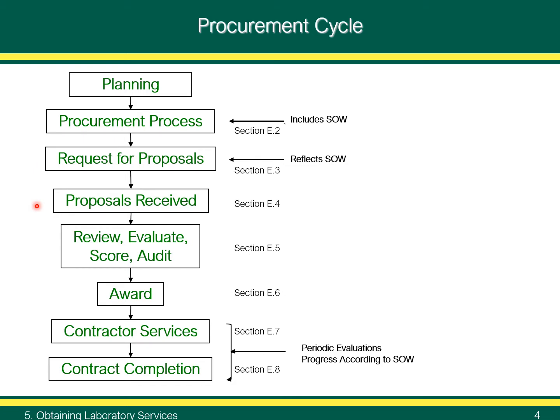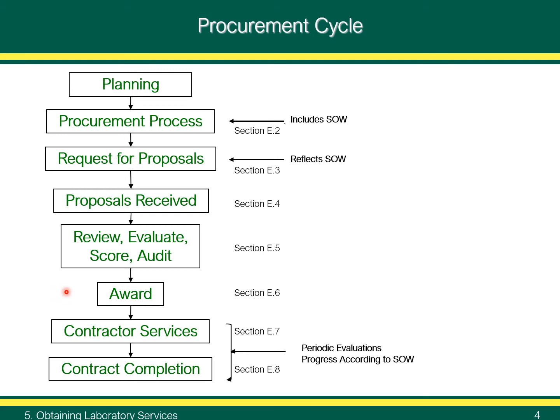Section E4 of MARLAP addresses the processes used to receive proposals, while Section E5 of MARLAP describes the process used to review, evaluate, and score proposals received, as well as audits and other measures used to collect information from potential bidders.